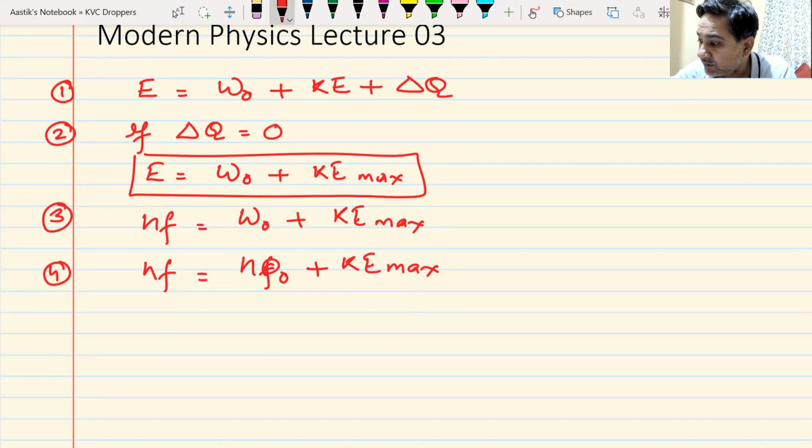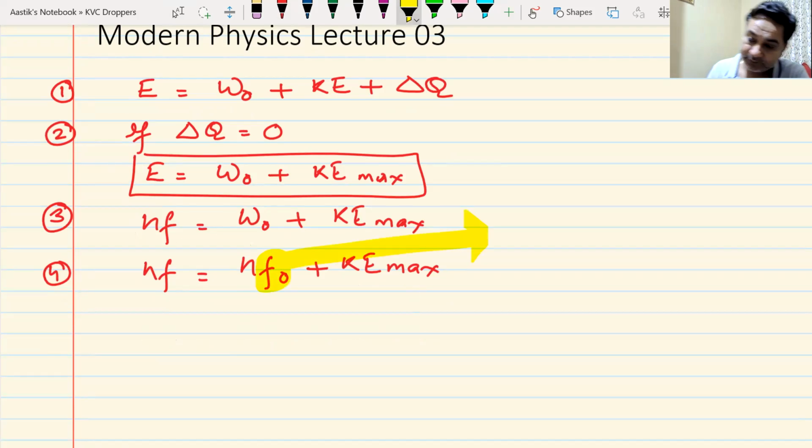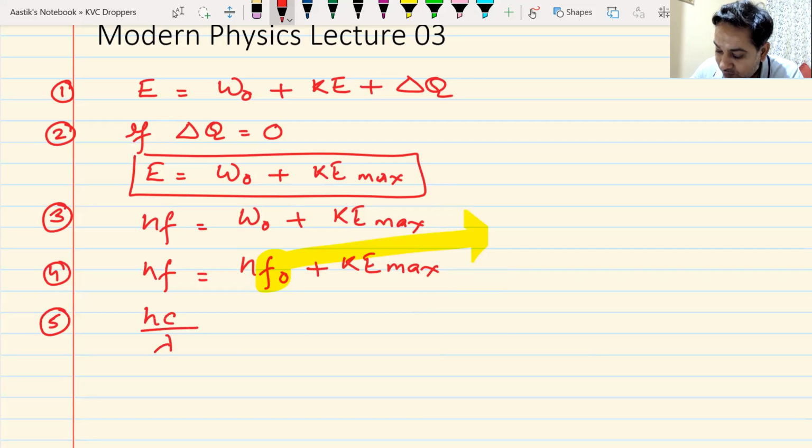F naught is your threshold frequency. Yes or no? Yes, sir. I can write it in this form as well. Hc by lambda will be equal to Hc by lambda naught plus Ke max.